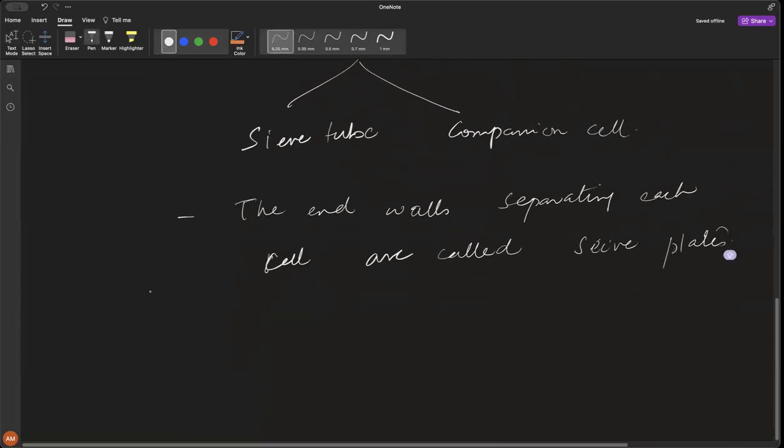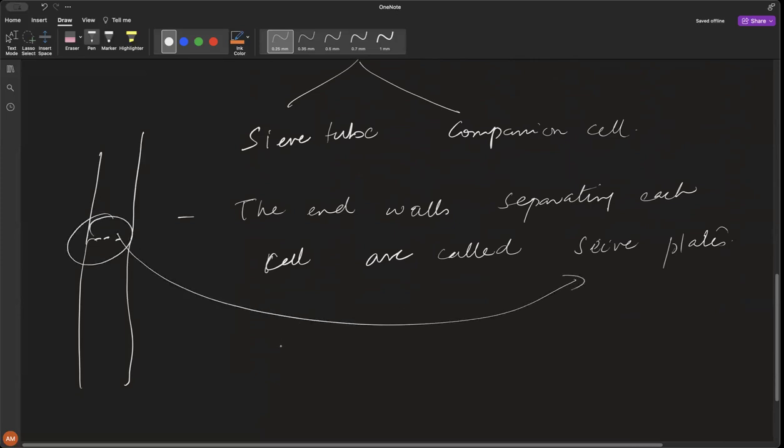If you look at the xylem vessel, you will see this is the xylem vessel. This is the sieve plates, the small pores which allow the movement of substances within the sieve tube.